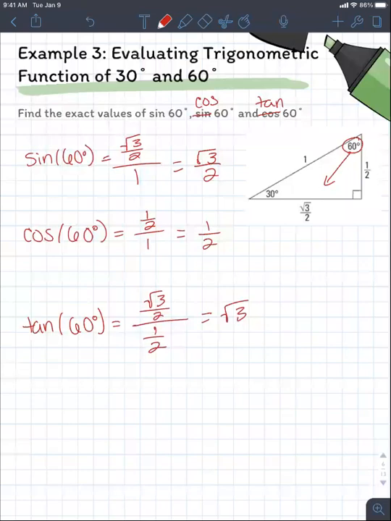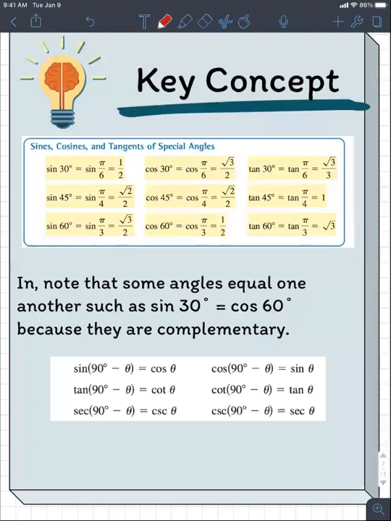Beautiful. All right. We're moving on. Our next key concept is just reviewing that sine, cosine, and tangent for those special right triangles. These are directly from your unit circle. So I'm not going to leave them up for you to write down because you already have them on that unit circle table from earlier. And then when we talked about complementary angles earlier, complementary just means that they add up to be 90.